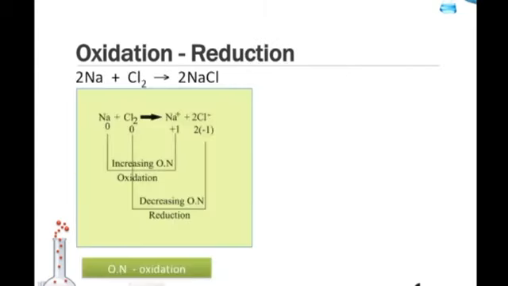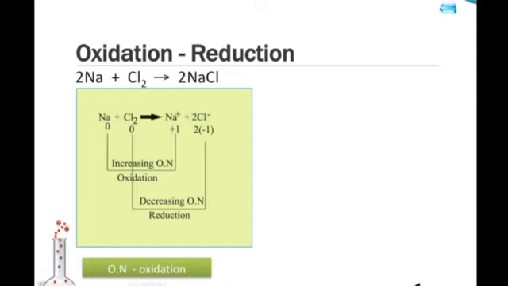One example is sodium chloride. If you have 2 sodium and just chlorine, and they react together to form dissociated salt, sodium before the reaction has an oxidation number of 0, and after the reaction has an oxidation number of +1.